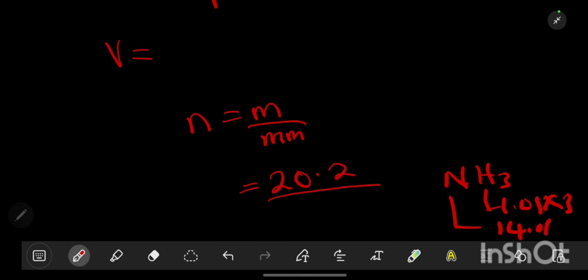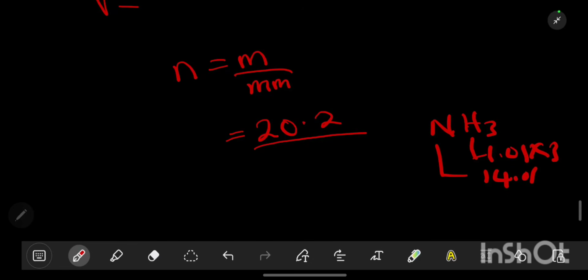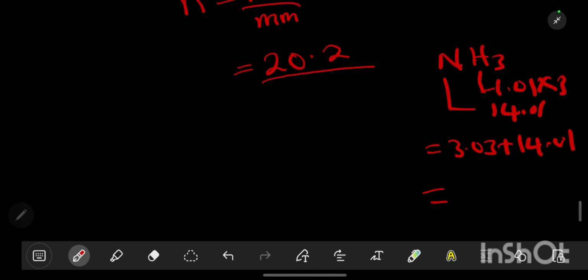So 3 times this value is 3.03 plus 14.01. When we add these, this is going to give us 17.04 grams per mole.